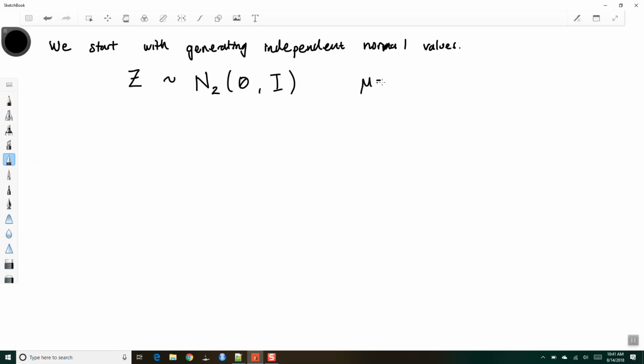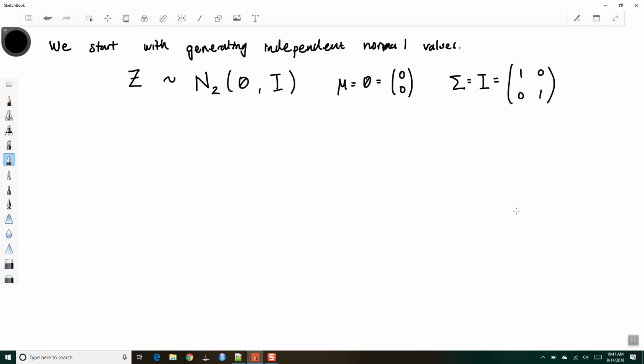So your mu vector is equal to the 0 vector, 0, 0, and the covariance matrix is the identity matrix.